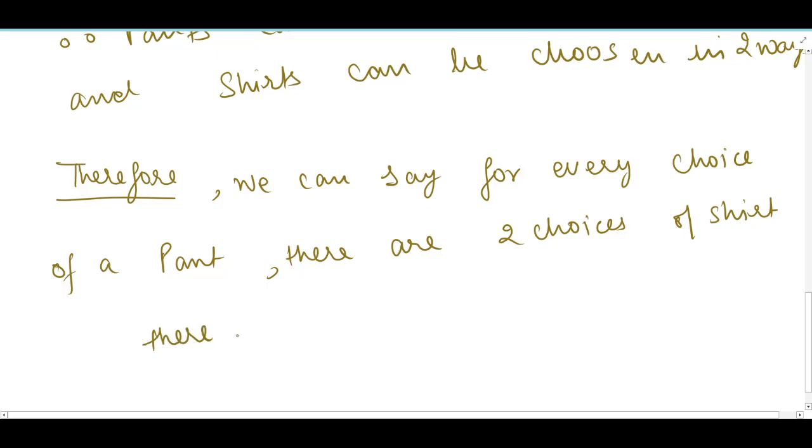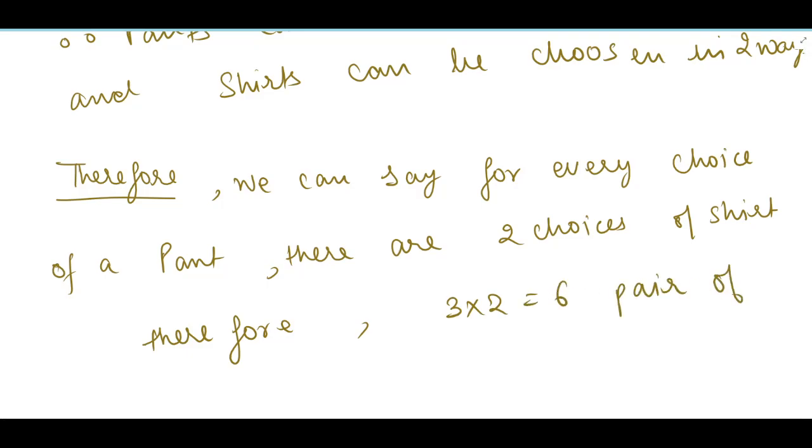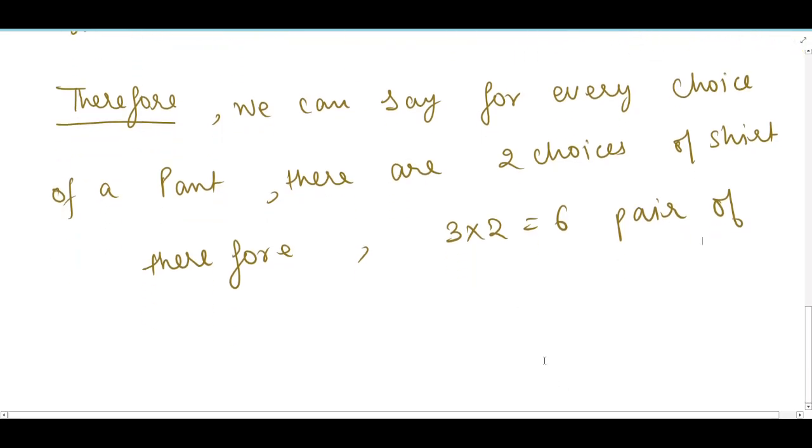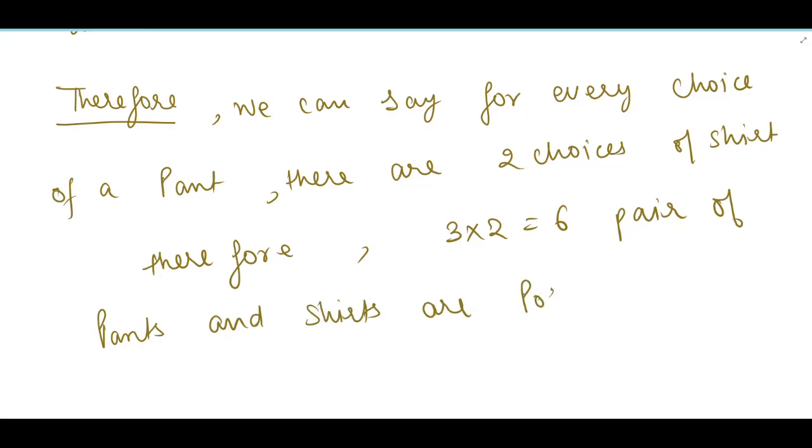Therefore there are 3 cross 2 is equal to 6 pairs of pants and shirts possible.